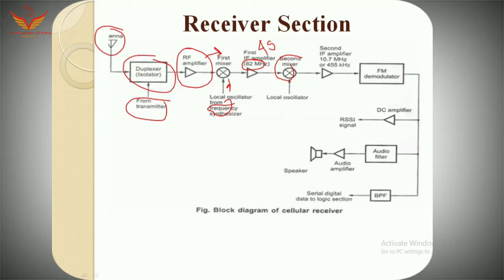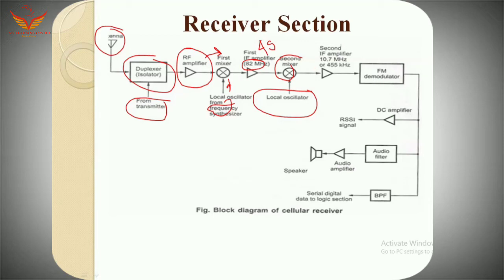The local oscillator for the second mixer is a crystal oscillator. The second down conversion takes place at the second mixer, and it converts the frequency to 10.7 megahertz or 455 kilohertz.